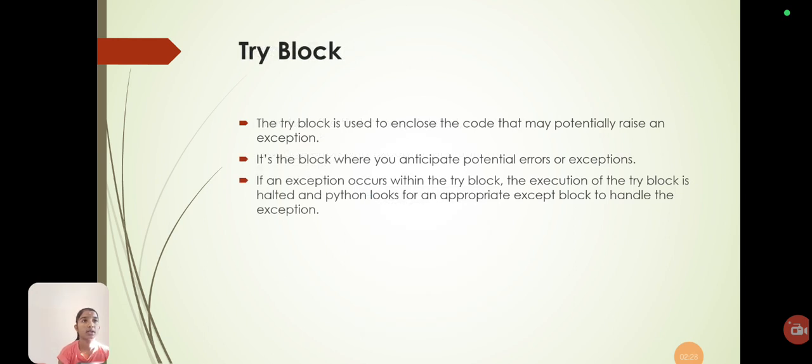Try block: the try block is used to enclose the code that may potentially raise an exception. It's the block where you anticipate potential exceptions. If an exception occurs within the try block, the execution of the try block is halted and Python looks for an except block to handle the exception.